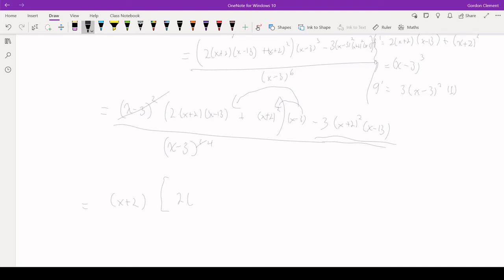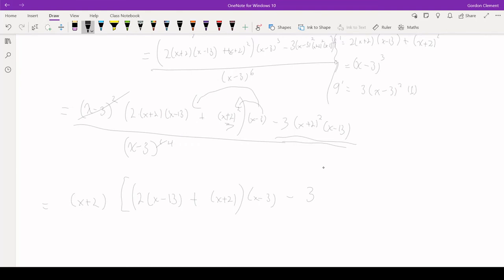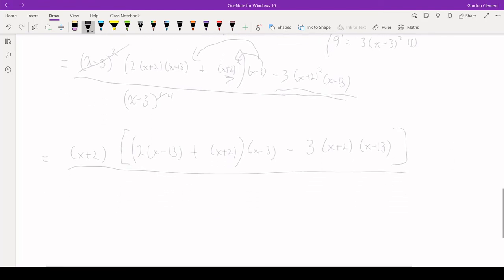We're going to have 2(x minus 13) plus (x plus 2) now to the power of 1, factored out of there. I've got that stuff still times an (x minus 3). And I've got minus 3(x plus 2)(x minus 13). And that's now all over (x minus 3) to the power of 4. Trust me, we're almost there.